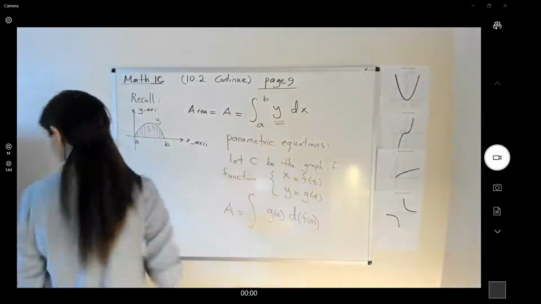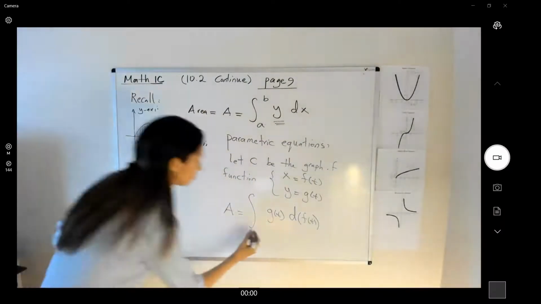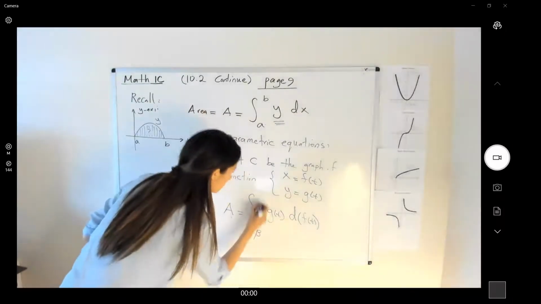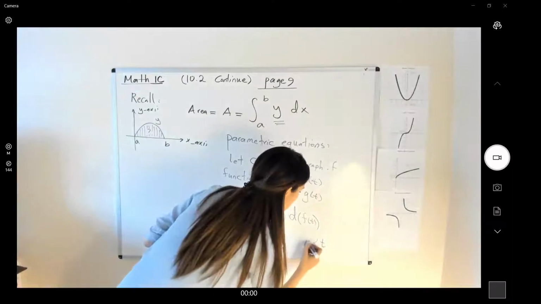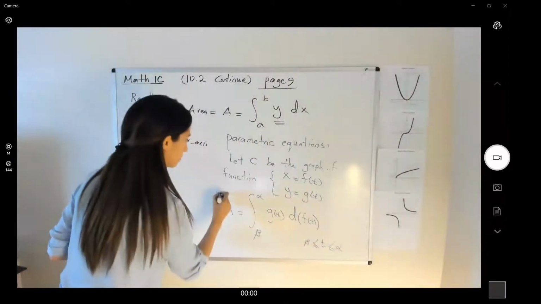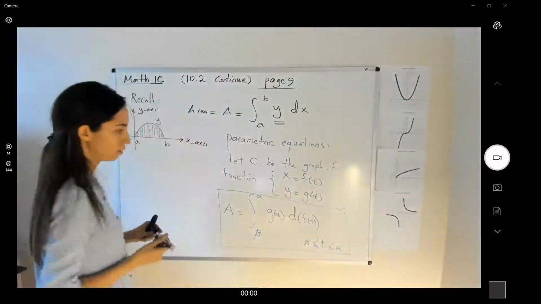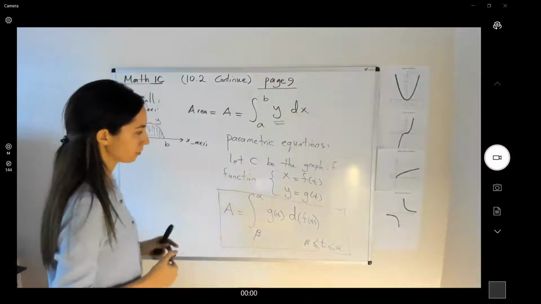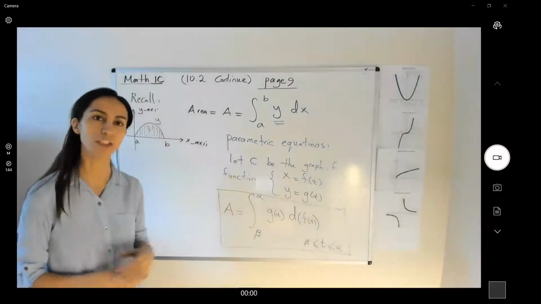So let's follow the book: t ranges between beta and alpha. This is the formula to find the area using parametric equations.